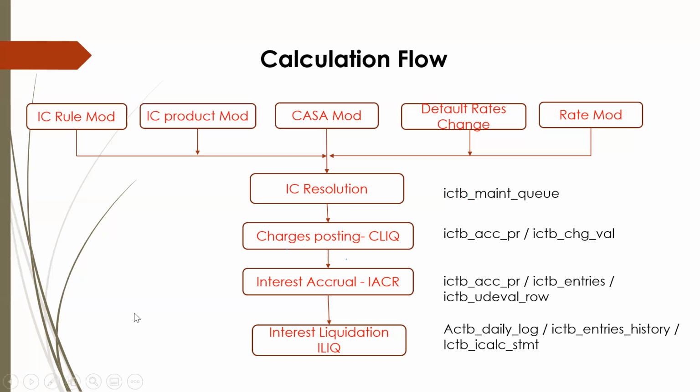Here we have to understand what is the meaning of resolution. As I told you, the system does not go and take everything during the calculation from the maintenance table. Whatever maintenance is done, let's say if I have the special condition, the system resolves what the UDE values are in some particular table.